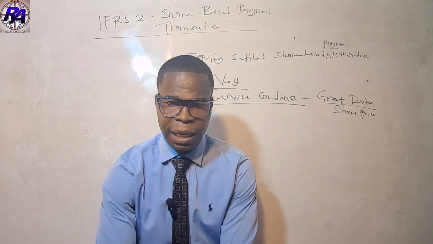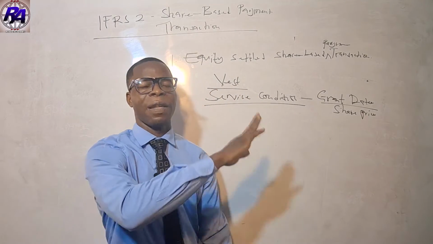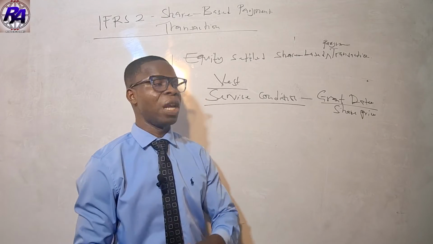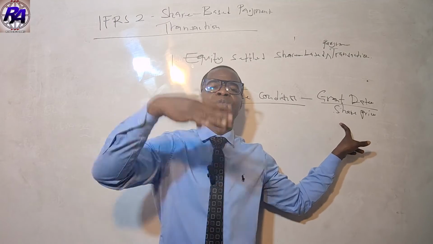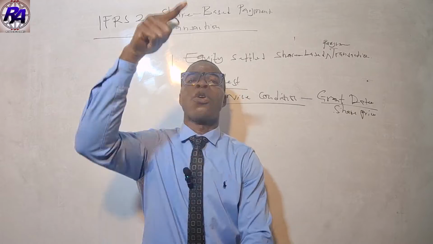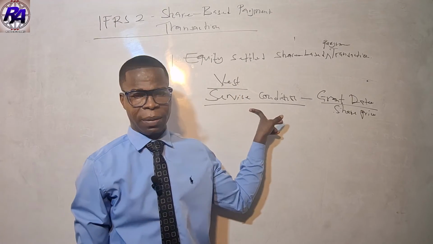So don't forget, if it is a service condition, throughout the service condition period, if it's 5 years, 3 years, we are going to use the grant date share price. Even if they provide you with the share price at the end of every period, you always use the grant date price, because it is a service condition.